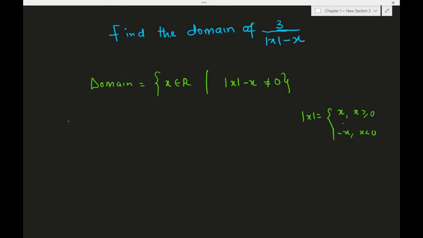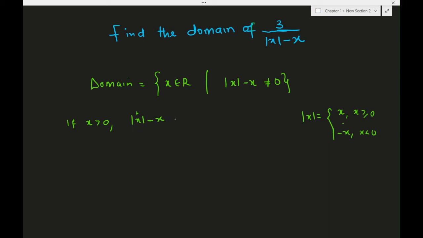Now, if x is greater than 0, what do you think will be absolute value of x minus x? If x is greater than 0, this will be plus here.